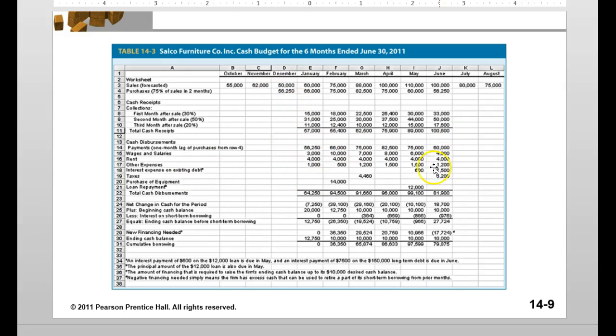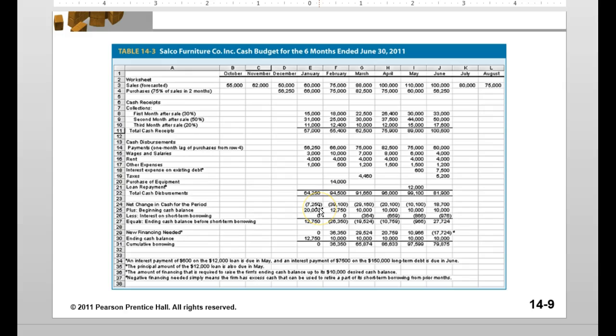Then we're going to look at our cash disbursements, and we'll look at the purchases with a 1 month lag from row 4, which is right here. You'll add those up and subtract them. We've got total cash, we've got total disbursements, and then we have a change.